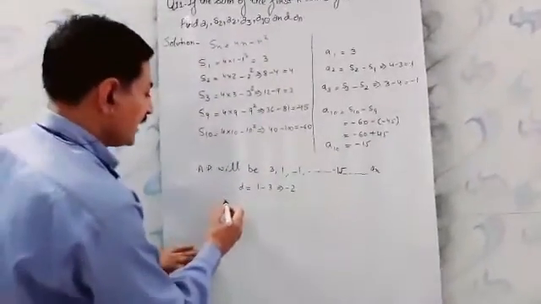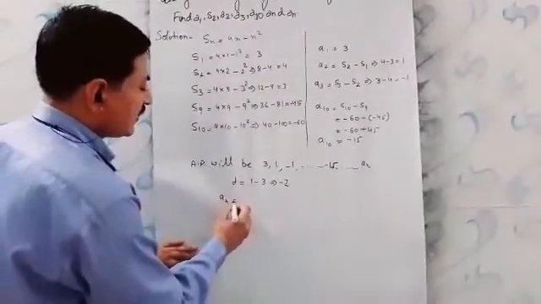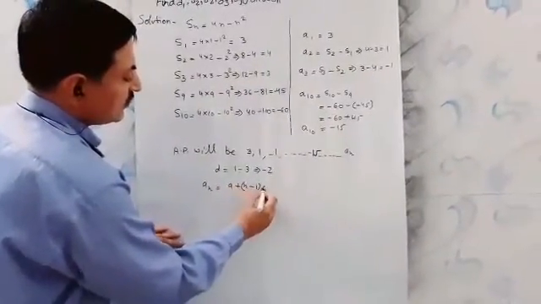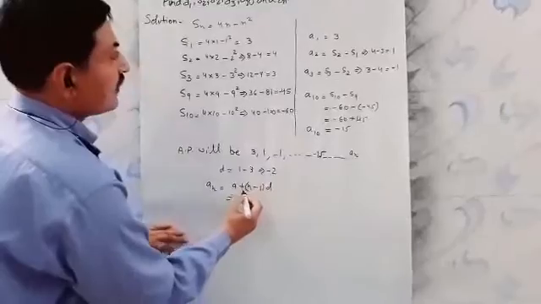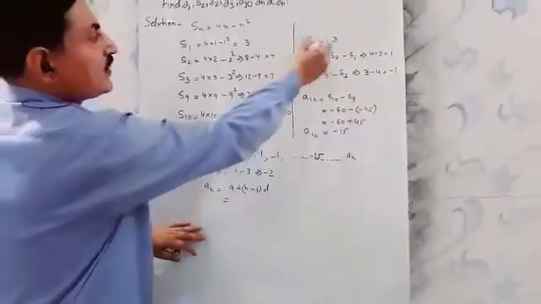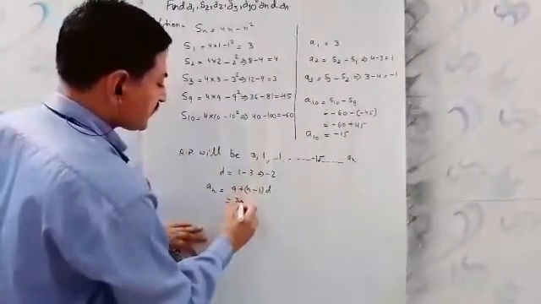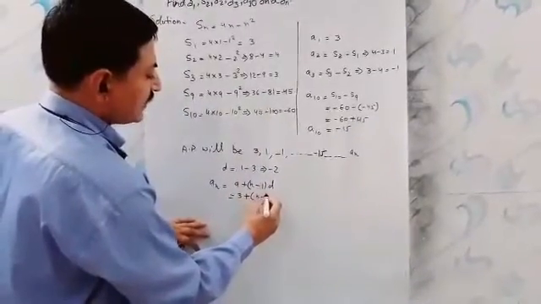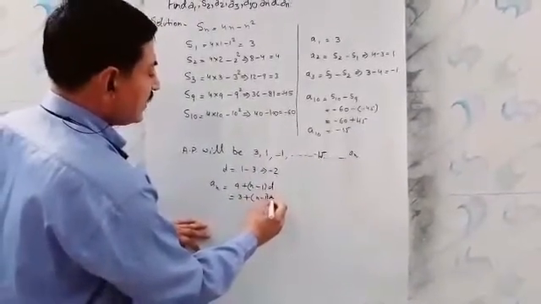Now the formula for the nth term, which is the simple way I am telling you, is a plus n minus 1 into d. Now a means the first term, which we have got, that is 3. We have to find the nth term, therefore n is not given, and d equals minus 2.